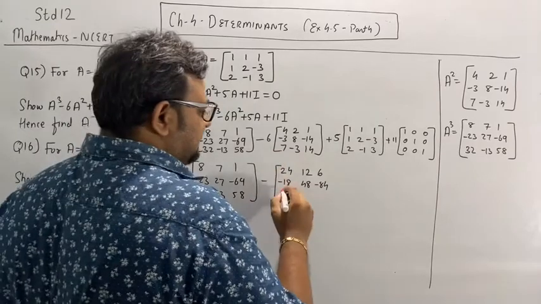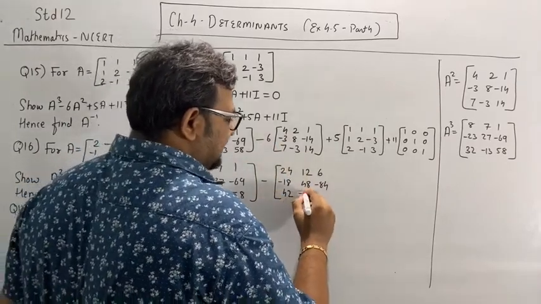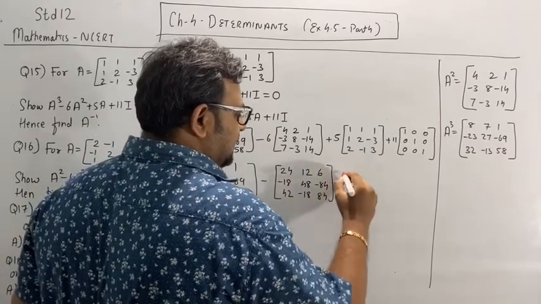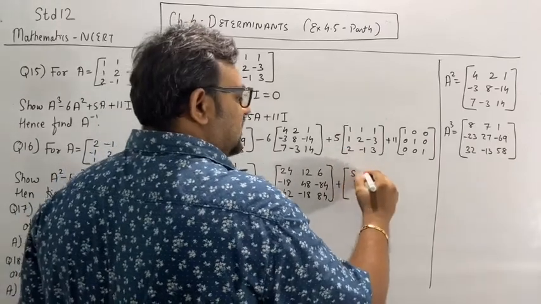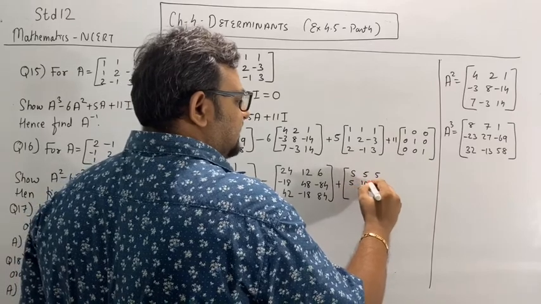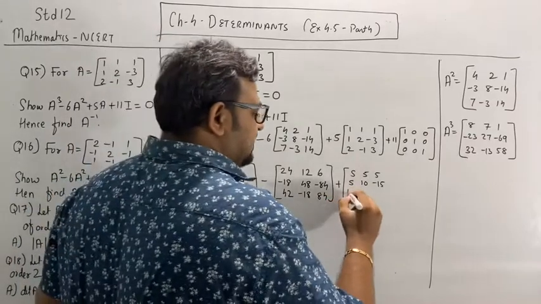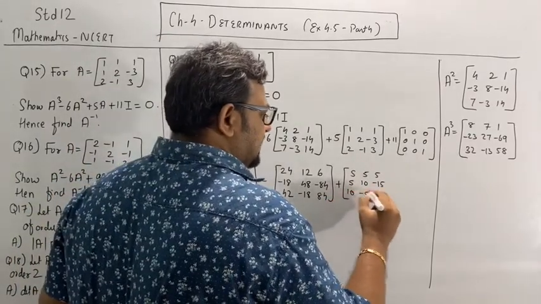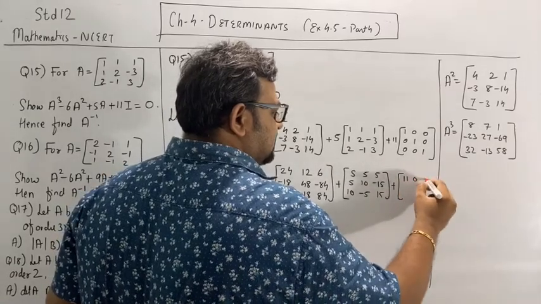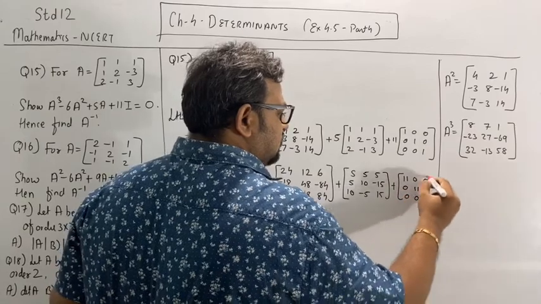Okay, 6 sevens are 42, 6 into minus 3, that will be equal to minus 18, and 6 into 14, 84, plus 5, 5, 5, 5, 5 twos are 10, 5 into minus 3, 15, 5 twos are 10, minus 5, 15, plus 11, 0, 0, 0, 11, 0, 0, 0, 11.